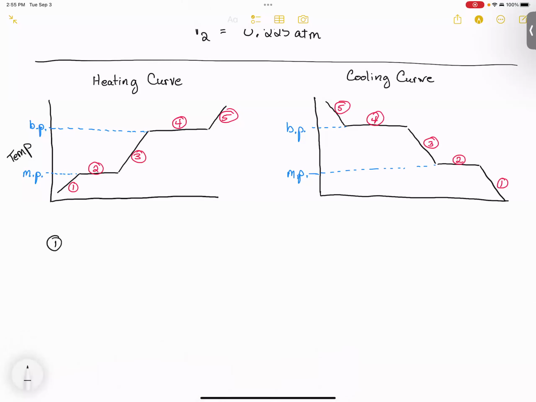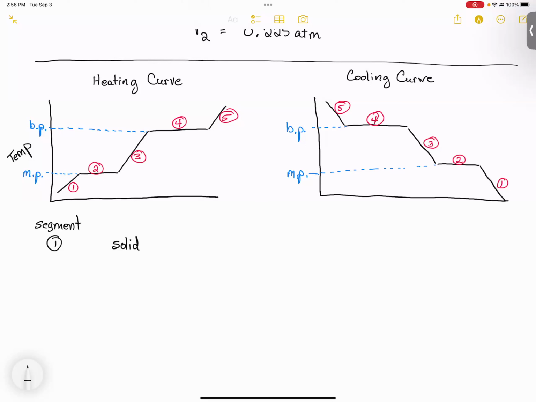Okay, segment 1, as I've drawn it on the heating and the cooling curve, represents a solid. Now, basically what you can think about is, yes, a solid can increase temperature without melting.